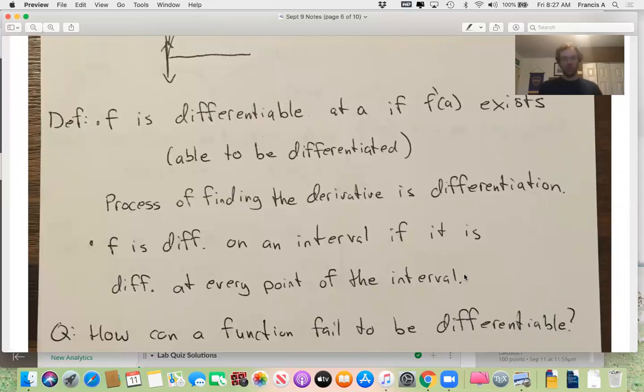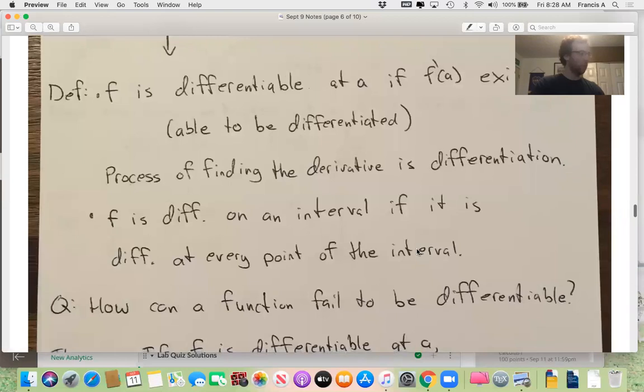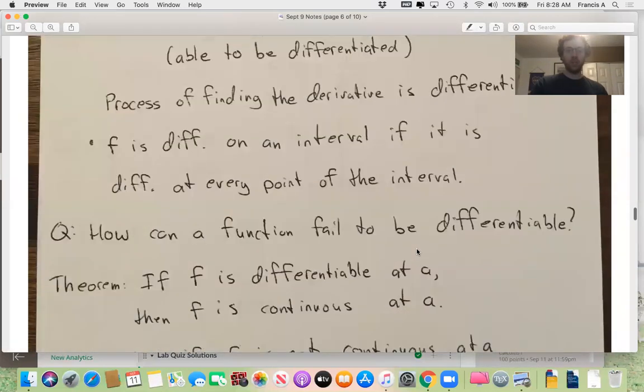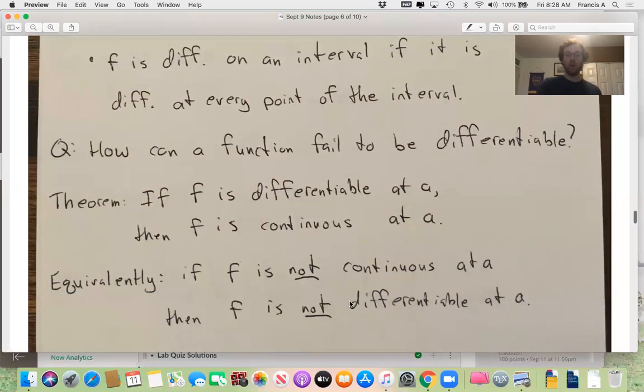So, question, how can a function fail to be differentiable? What can happen so that when you try to find the slope of the tangent line, you can't do it? One idea which connects this new property of being differentiable to a previous property of being continuous is that being differentiable is stronger.